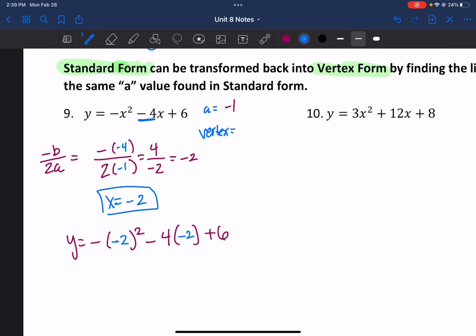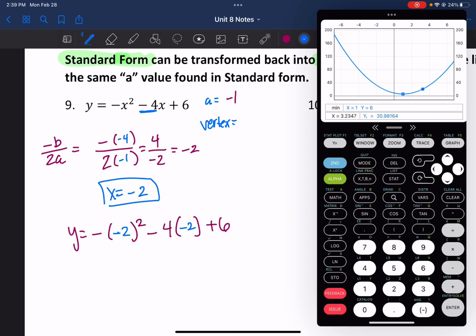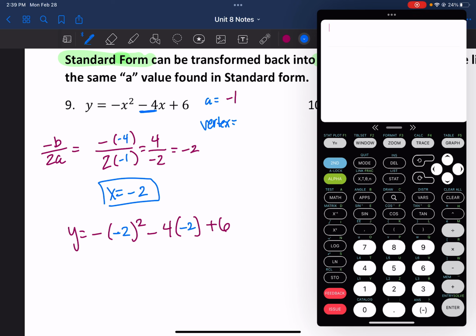Let's just plug it in so I don't make a mistake. Sometimes I make mistakes. I just plug it all in here. So I have a negative parentheses, -2. I'm going to square that. -4, -2, plus 6. Press enter, and that's 10. So I have my y value is 10.